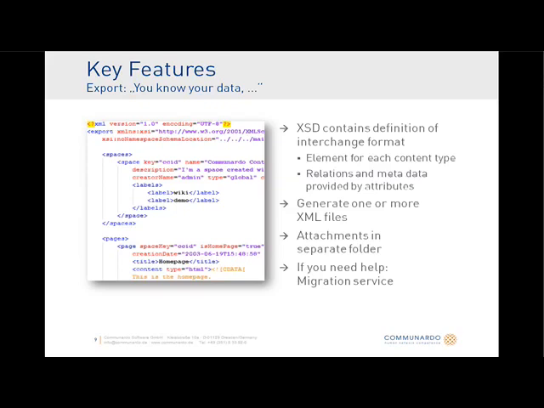You can easily generate more than one XML file, which comes in handy when you want to do an incremental or step-by-step import. The attachments which you want to import or migrate have to be provided in a separate folder, which is then referenced within the export document.